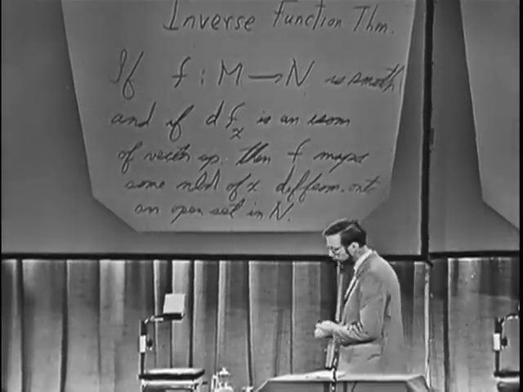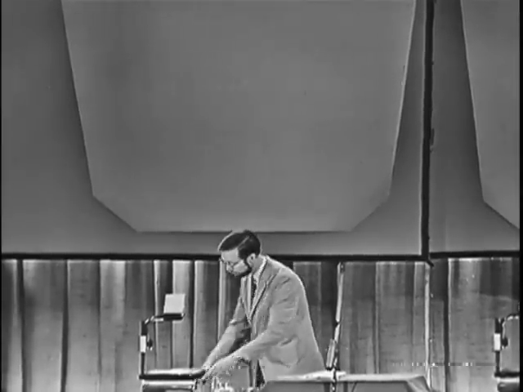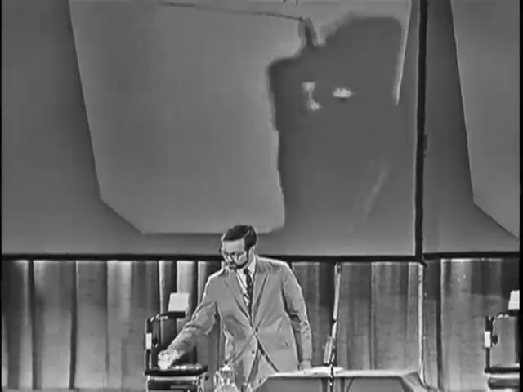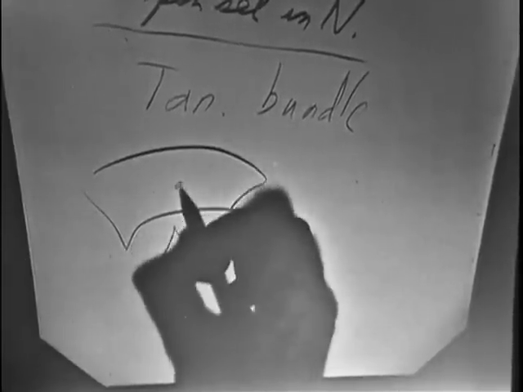Well, so far I've described the tangent space at a point, but what I want is the concept of tangent bundle. So if we have a smooth manifold M, then for each point x we have this tangent space, which I'll think of as being a linear space through the origin.